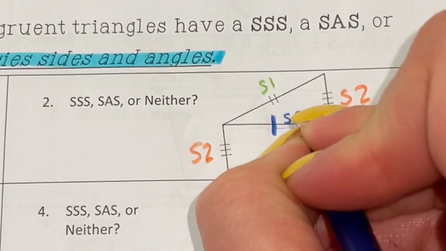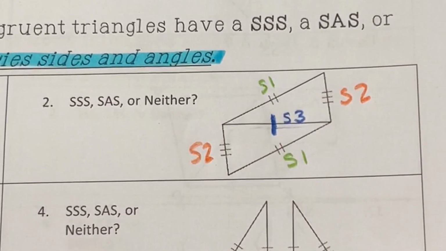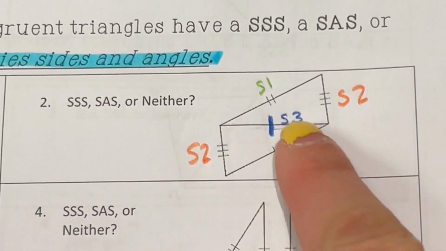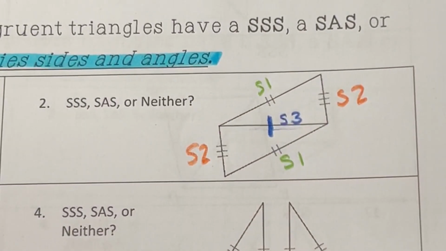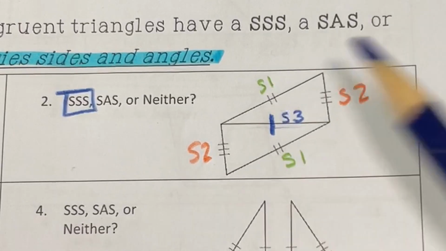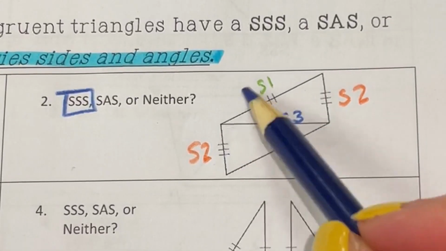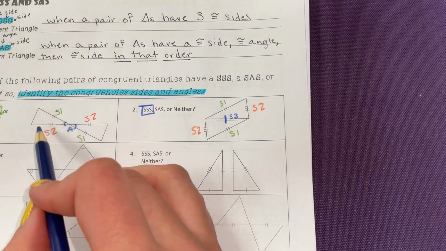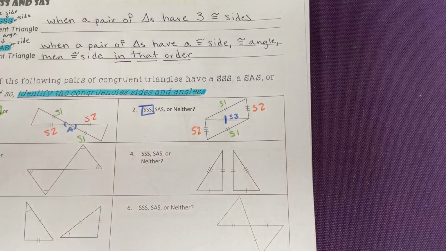So this would be my side 3, which means if I have side 1, side 2, side 3, side 1, side 2, side 3, for both of these, that means our answer is going to be side, side, side congruency. That means I can prove that these two triangles are equal to each other. Same with side, angle, side. You can prove that these two triangles are equal to each other if we were writing proofs, but we ain't.